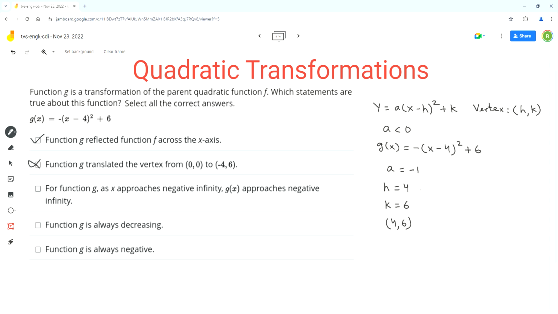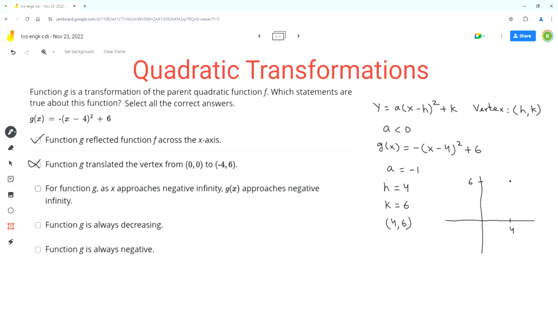Now we can analyze option C. For function g, as x approaches -infinity, g at x approaches -infinity. For option C, we can sketch the parabola for g at x. The vertex of the parabola is at 4, 6. The direction of opening is downward because function g reflected function f across the x-axis.